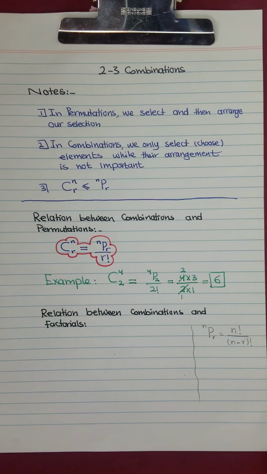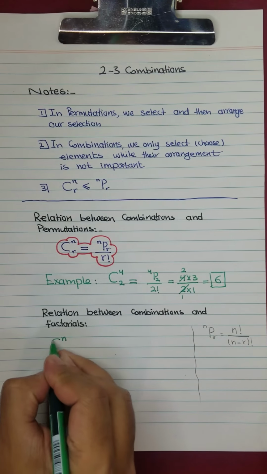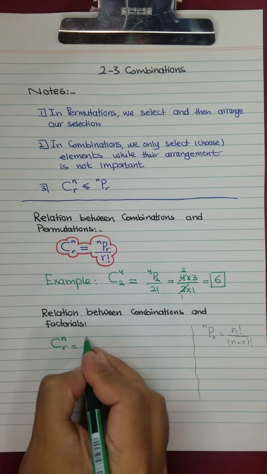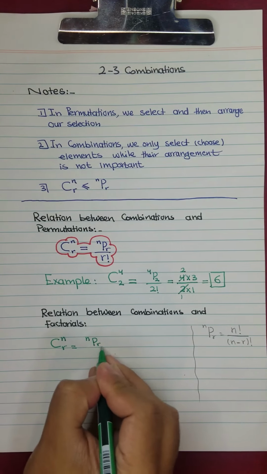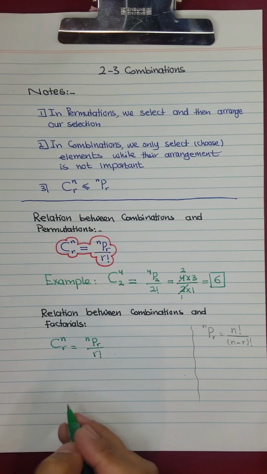Now, you see the combination, we can write this in green until we get to the rule. So, we know that the n combination r is equal to n permutation r divided by r factorial. Good?